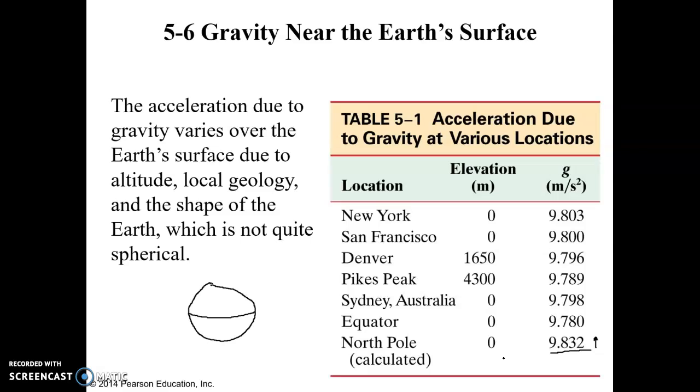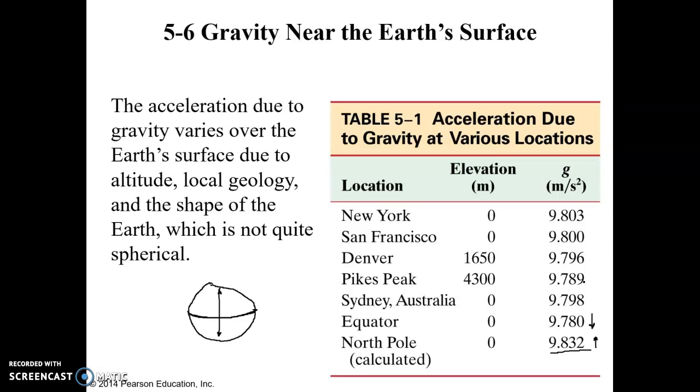So the effect of gravity is higher at the North Pole because it's a little bit closer to the center of the Earth. And at the equator, it's less, 9.78, because the Earth is a little bit wider along the equator than it is from pole to pole. So we're farther away here.